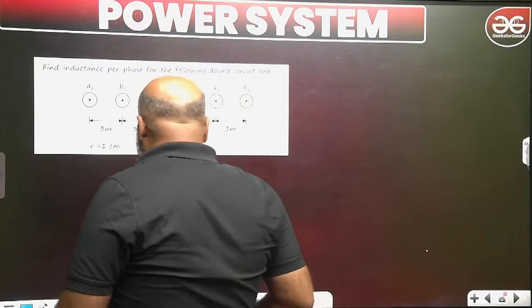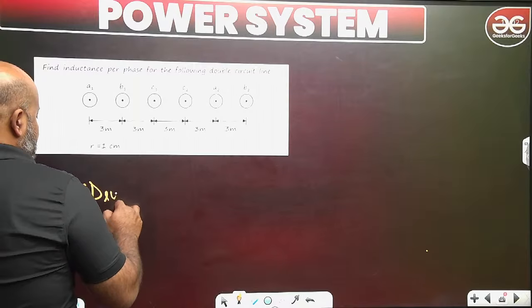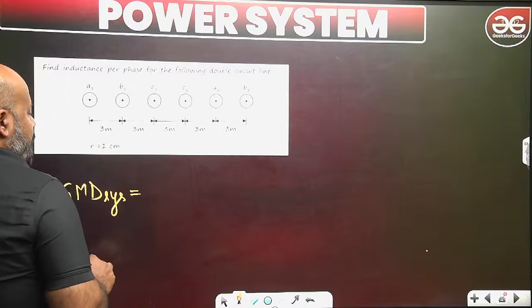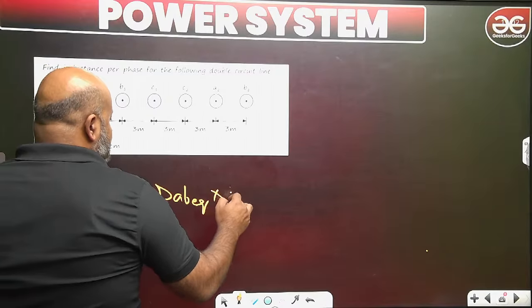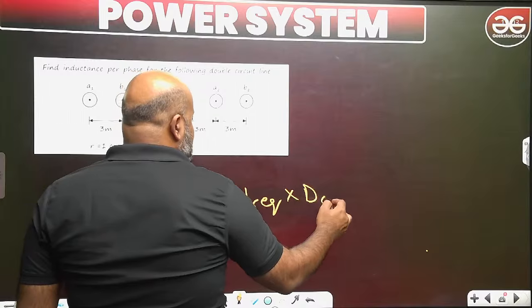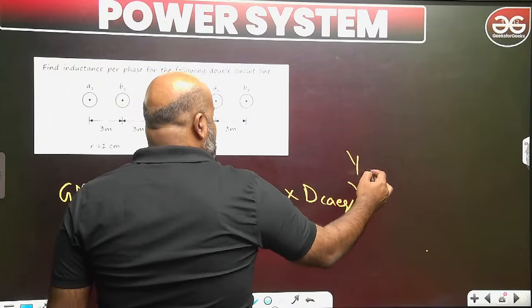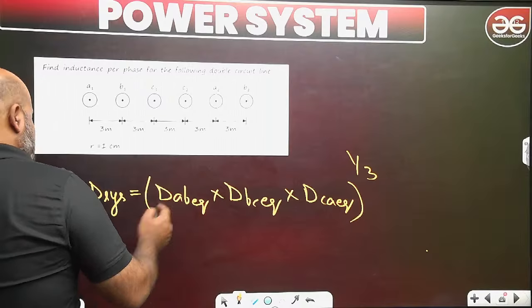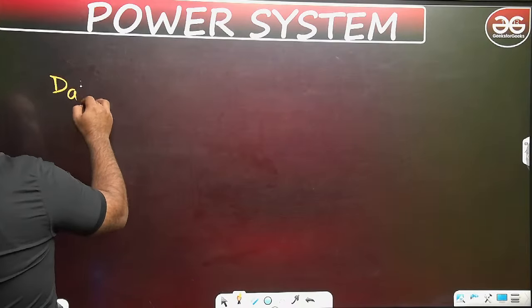How do you calculate the GMD system? Just see this. It is DAB equivalent, DBC equivalent, DCA equivalent. What is the effective root? 1 by 3. How do you calculate DAB equivalent? Just see this.